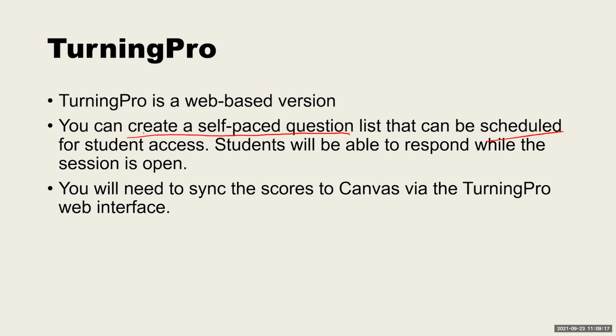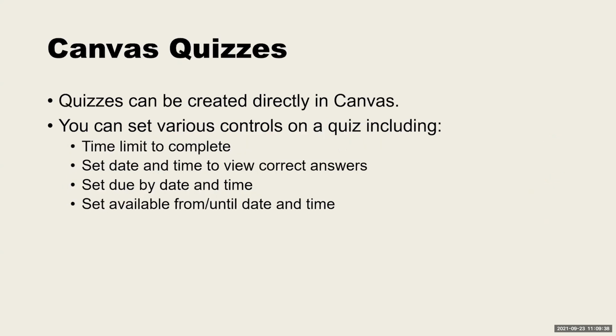But one of the things to note is, just like with our live sessions, you will need to sync those scores to Canvas yourself. This does take a little bit more work to build in, but you can do this. Another option for an asynchronous environment is Canvas quizzes.